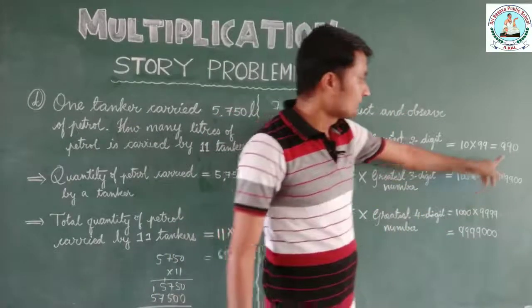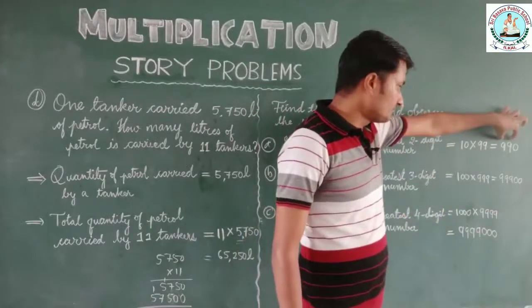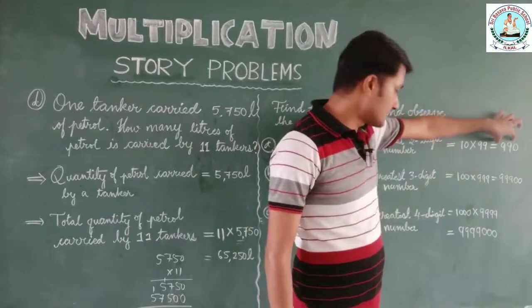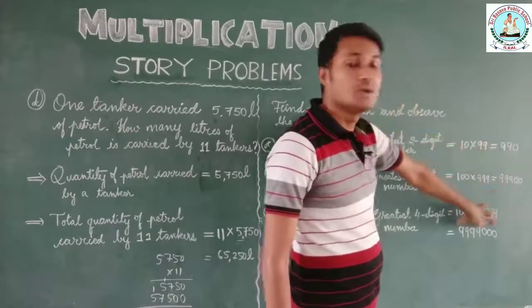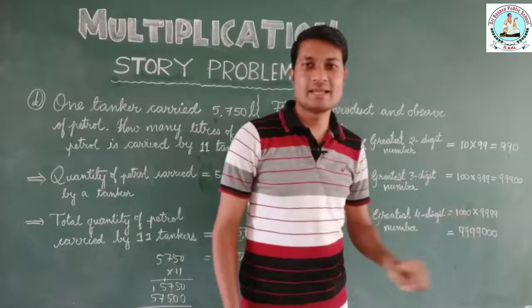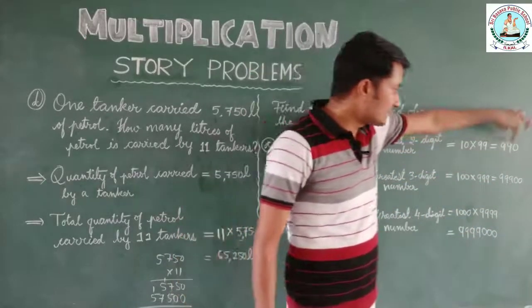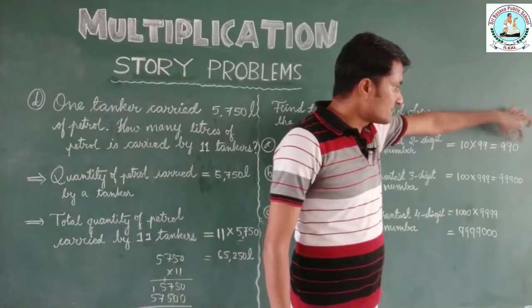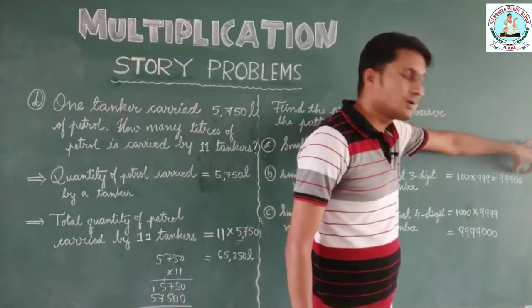When you look at all the products, what can you observe here? Every time the number of nines has increased by how much? Here 2 nines, here 3, and here 4. So the number of nines has increased by 1 every time, and at the same time, if there are 2 nines there will be 1 zero. If there are 3 nines there will be 2 zeros.